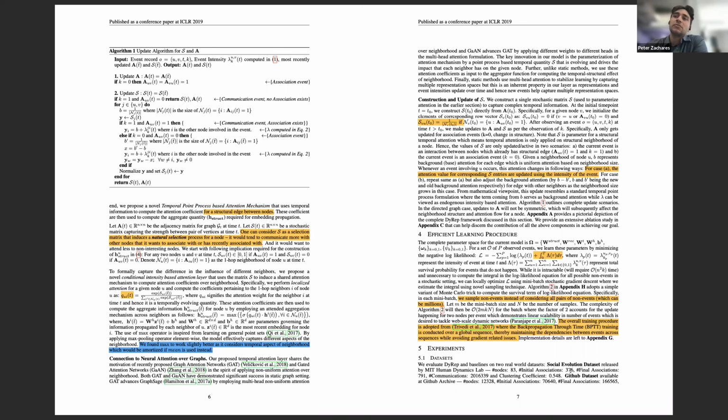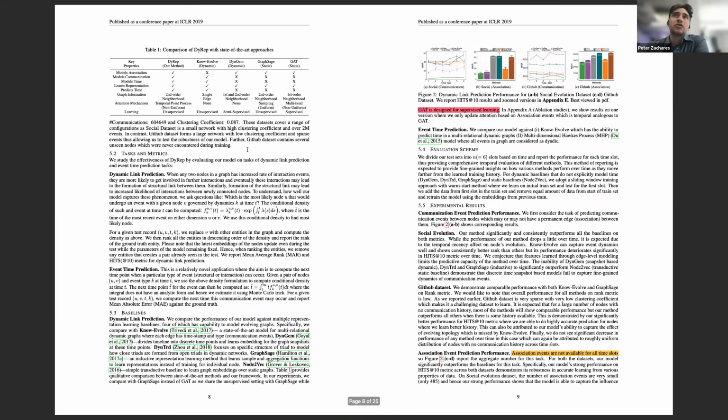Cool. Again, social evolution data set, GitHub data set, and they choose a number of different methods or baselines to compare their method against. DyREP is their method, and then you can see the other methods that they compare it to, and what the differences are essentially.